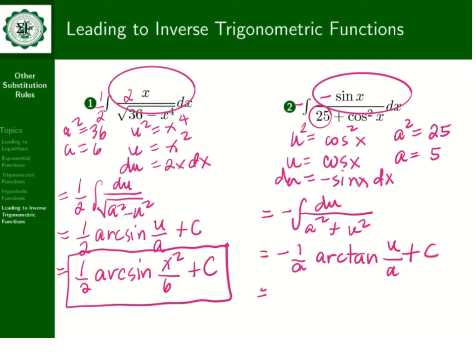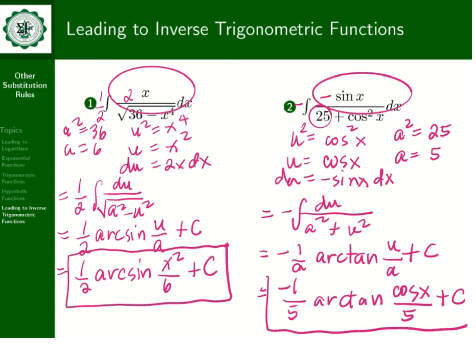Then we replace a by 5 and u by cosine of x, and then a again will be replaced by 5, and then we have plus c. So our final answer for the integral of sine x dx over 25 plus cosine squared x is -1 over 5 arctangent of cosine x over 5 plus c.